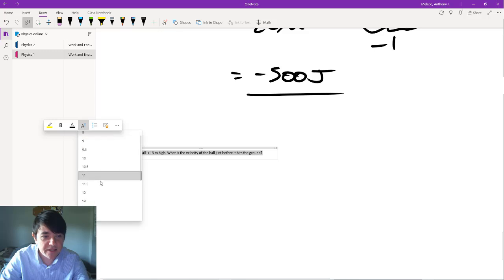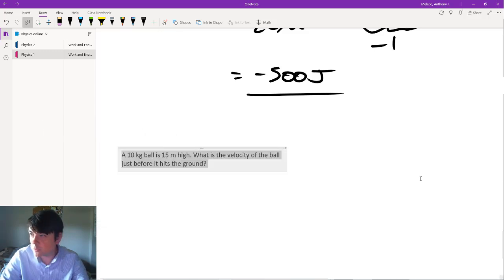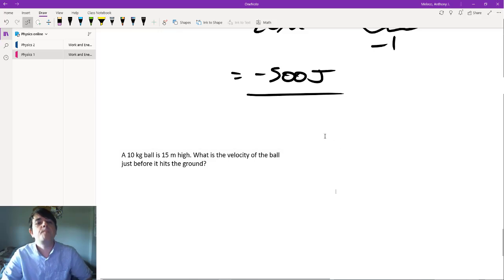Now we're going to move into basically energy calculations, and then we'll start to do conservation of energy type questions. So a 10-kilogram ball is 15 meters high, and you want to know, what is the velocity of the ball just before it hits the ground?